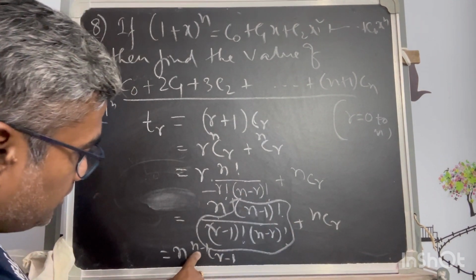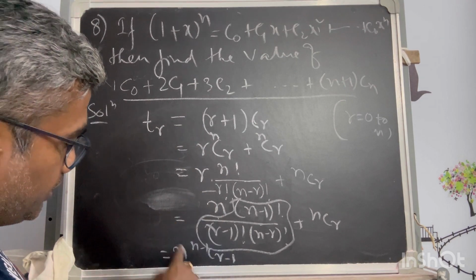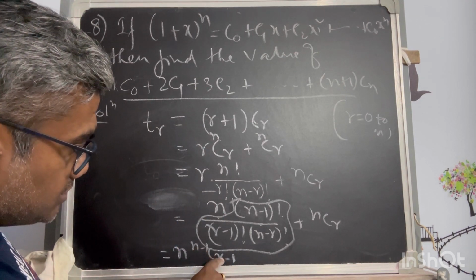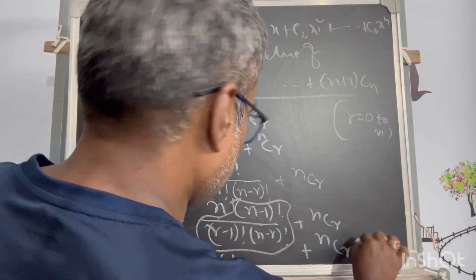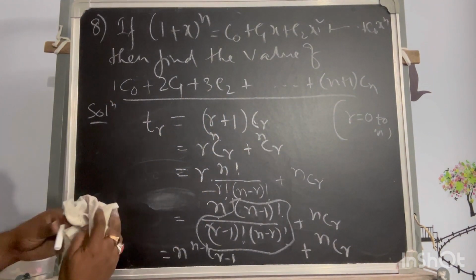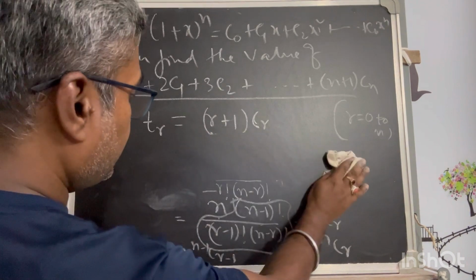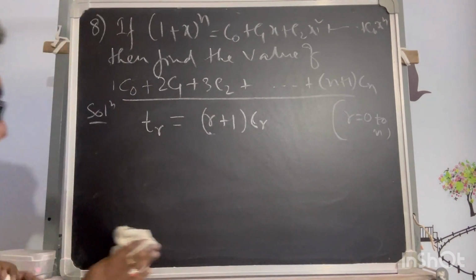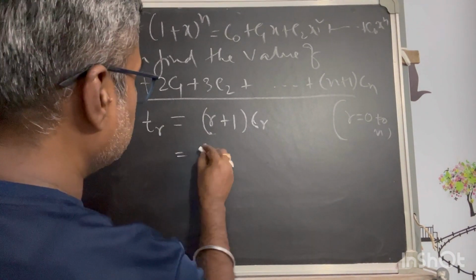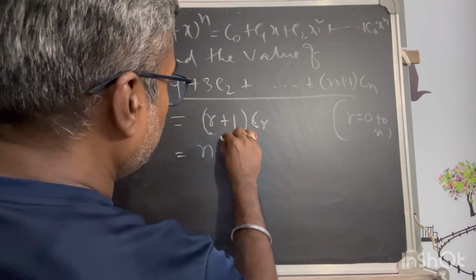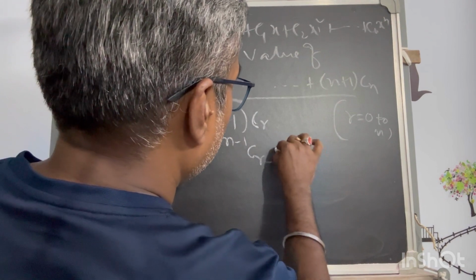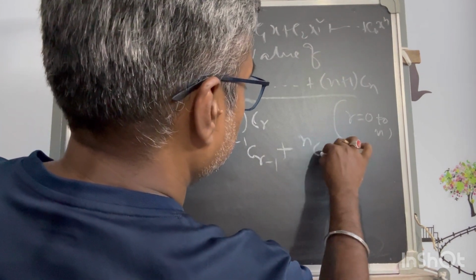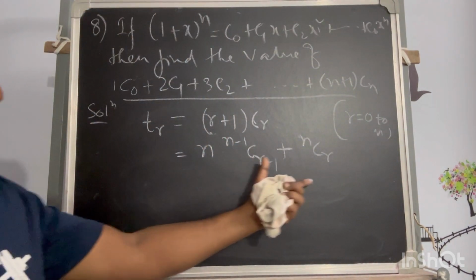So all together I am getting n, I am separating n minus 1 c r minus 1, and the rest of the term I am keeping ncr. So now without writing all this, if I write the result, by calculating I am getting n minus 1 c r minus 1 plus another term ncr. I can divide it into these two parts.